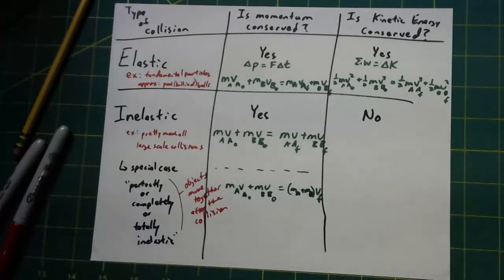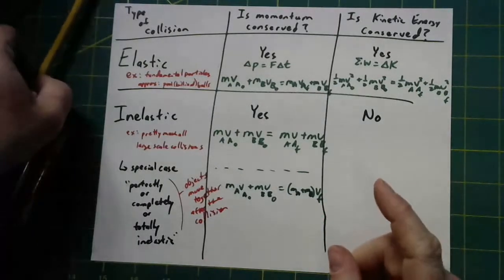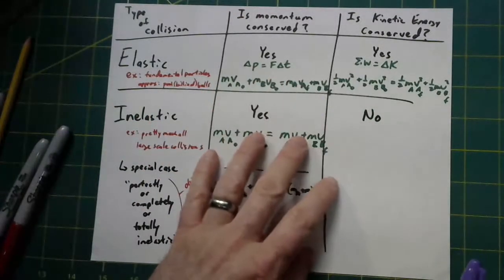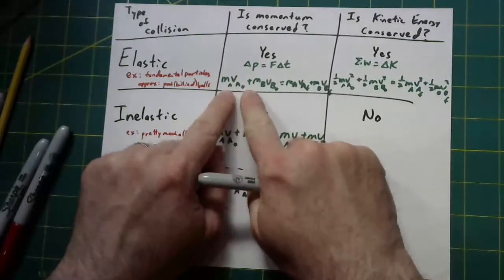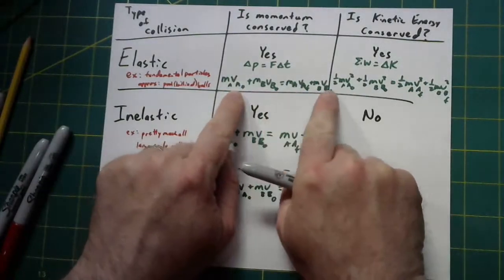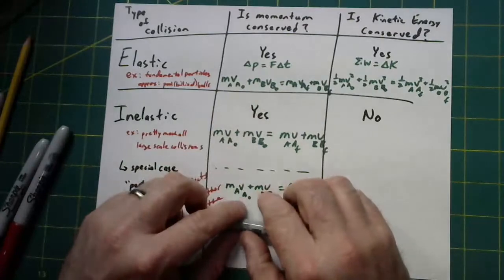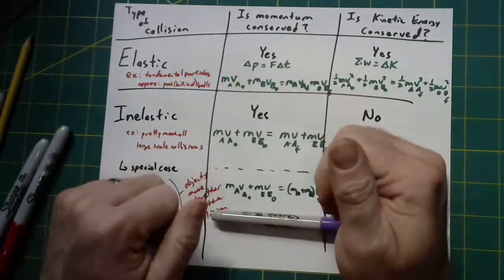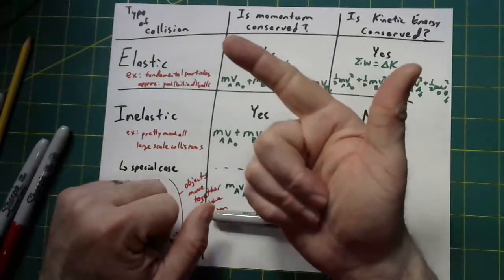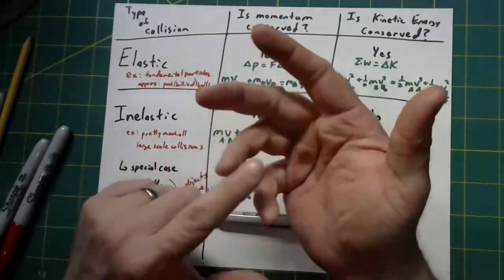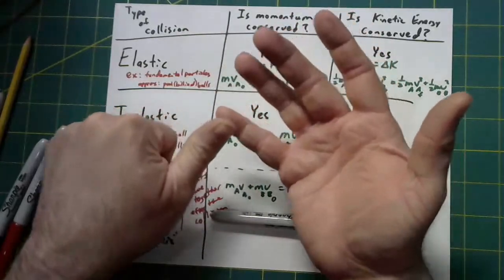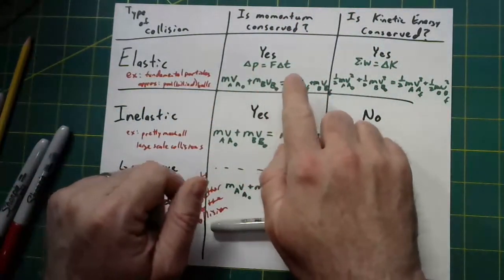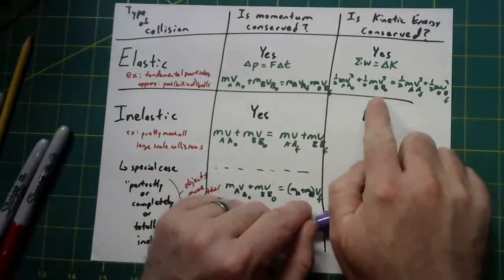So what this means for us is the following. When we're using these to solve, take a look at this equation. How many different variables are in this equation? Well, gosh, there's 6 variables: the mass of A, the mass of B, the velocity of A before, the velocity of B before, the velocity of A after, the velocity of B after. And over here, how many variables are in this equation?